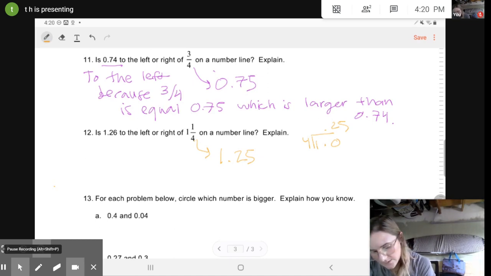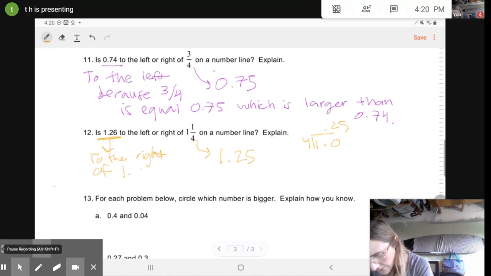So 1.25 would be smaller. So 1.26 is to the right of 1.25 because 1.26 is larger.